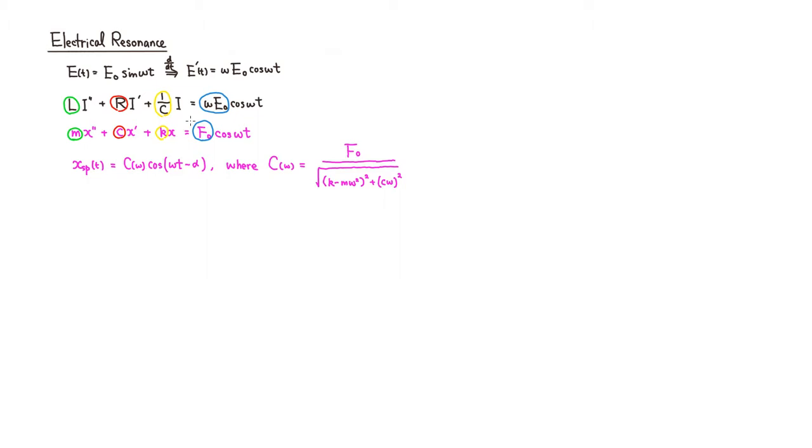for the solution of the mechanical system, what we can do is use that formula and turn it into the formula for the solution for the circuit. So I'm going to say I steady periodic solution.